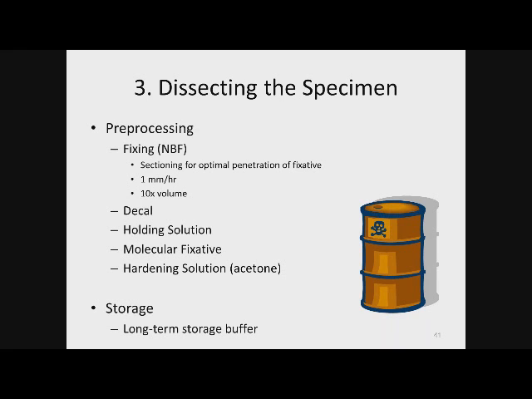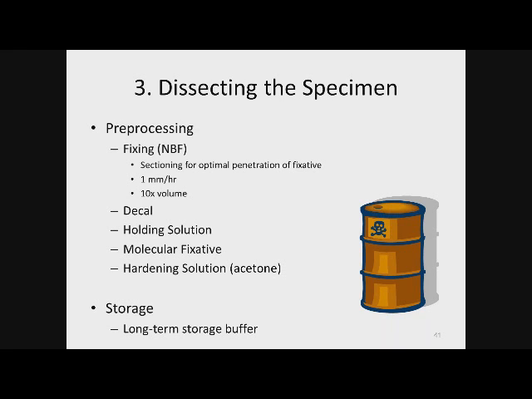Decalcification can occur not just in bony specimens, but also in specimens that have calcification present. Holding solutions are special solutions that can be used that they're not fixatives, but they'll keep the osmolality of the tissue balanced. This is important if you don't want to fix the tissue quite yet. You still have some additional processing to do, but you don't want the specimen to dry out.